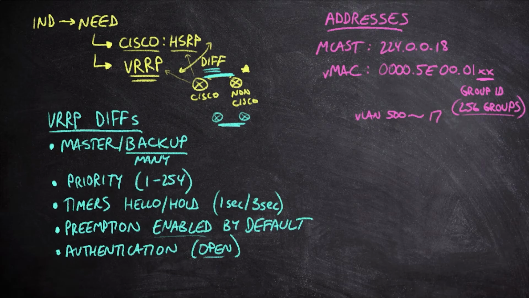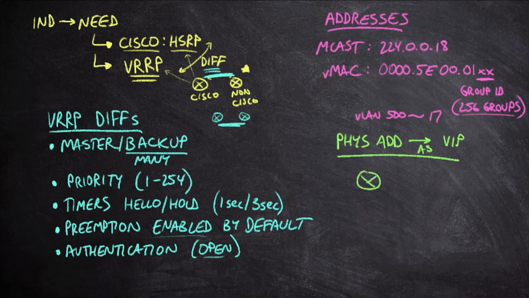Now, lastly, we have one other really nifty feature that VRRP has that HSRP doesn't, and that is that we can use a physical address as our virtual address. This is very interesting. And first of all, let's describe exactly what we're talking about, and then we can explain why it matters.